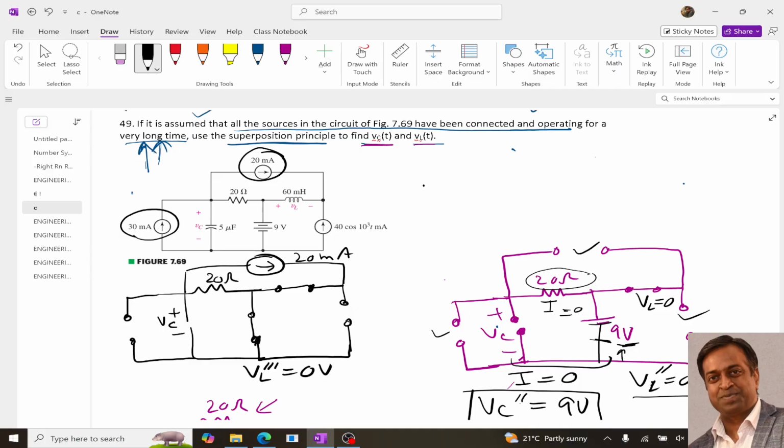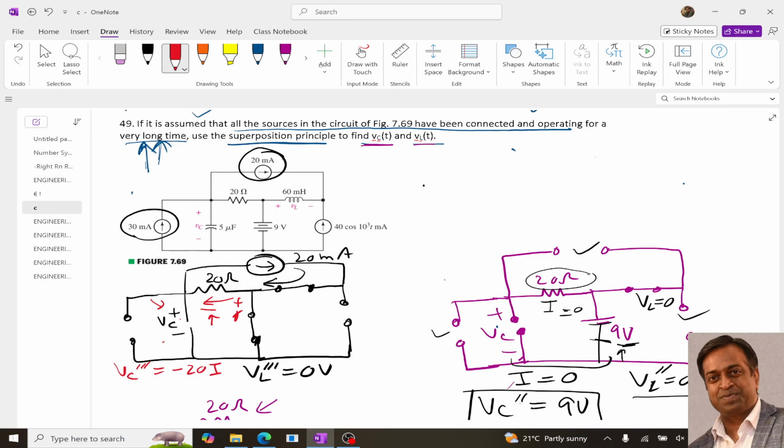Now all the current will flow through the 20 ohm, so VC triple dash will be equal to minus 20i. Why minus? Because the polarity is plus to minus, but here it is minus to plus, so the polarity is going to change, so it will be minus 20i.